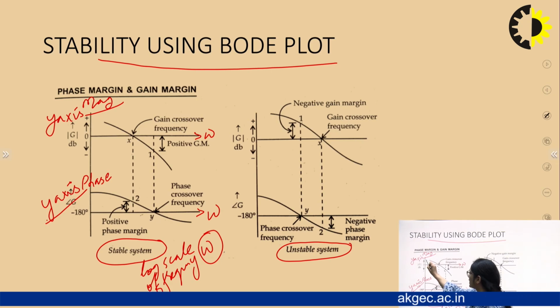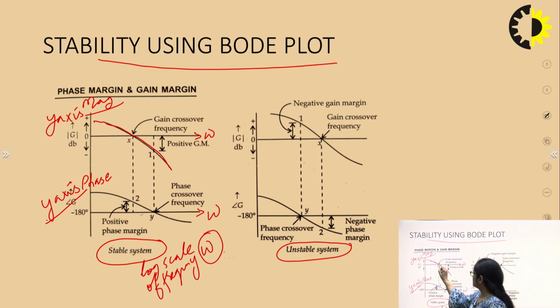When the final total response is taken into consideration, the frequency at which the Bode magnitude plot crosses the 0 dB line is termed the gain crossover frequency, represented as omega GC.